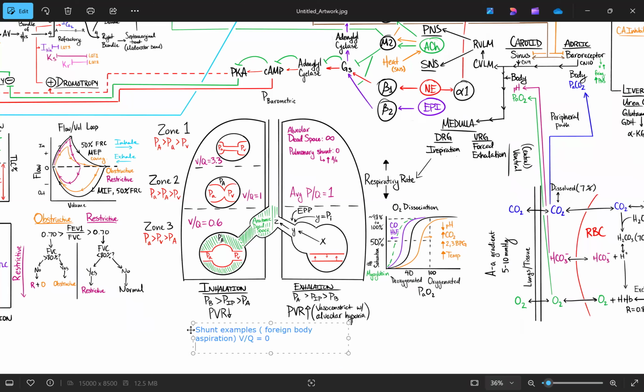So just think about what conditions, because they'll ask a lot of questions of, okay, they have this condition, how is this going to affect their arterial to alveolar oxygen ratio? As you see with the pulmonary shunt, I wrote that it's going to increase that ratio, because if you don't have that exchange, that gradient of oxygen across is going to be higher instead of equalizing.